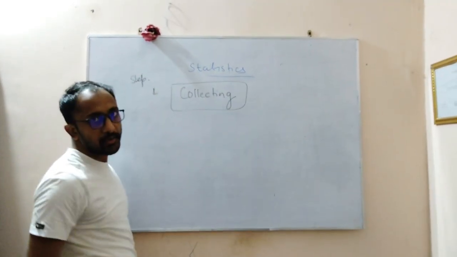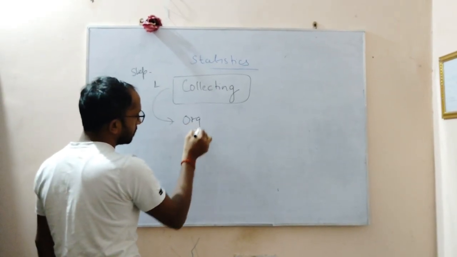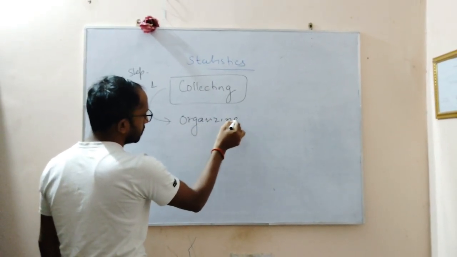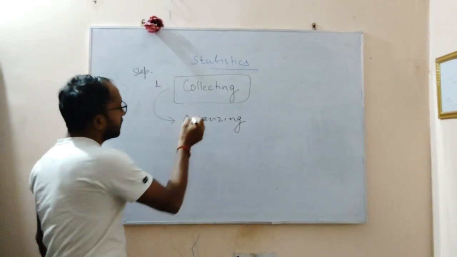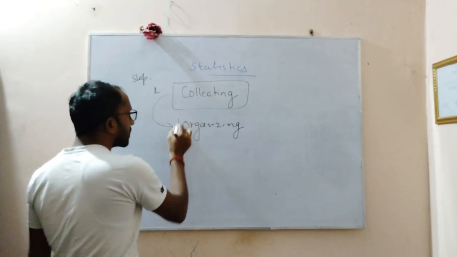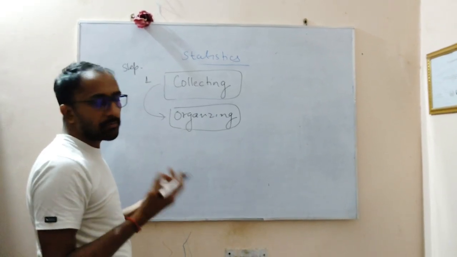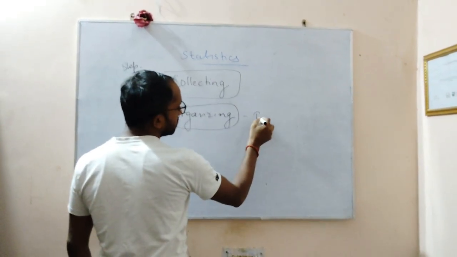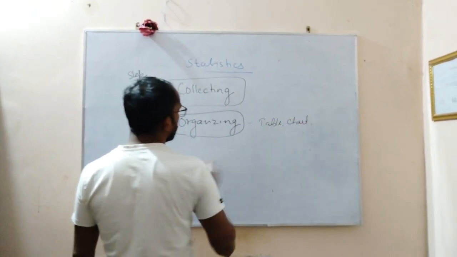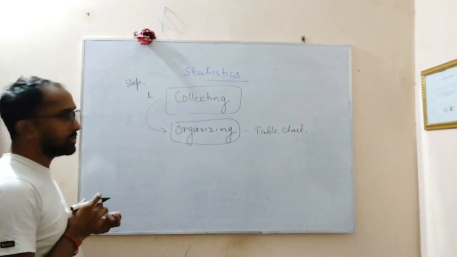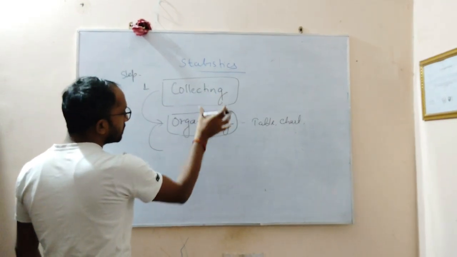We collect data, and the collected data must be organized. Second, organizing: we organize it in the form of a table, chart, bar chart, etc. What types of data is this?